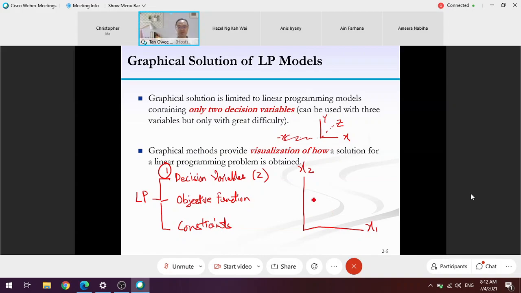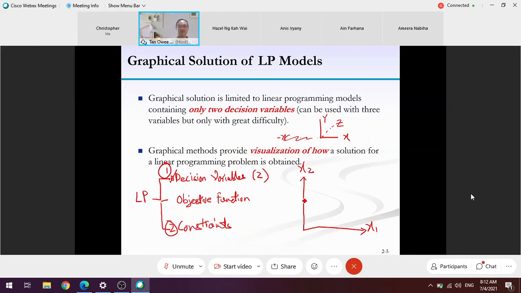The second step, not the objective function. What are you going to plot here? The decision variables are already the axes. The second step is you're going to plot the constraints. You're not plotting the objective function. You're going to plot the constraints on the graph itself.